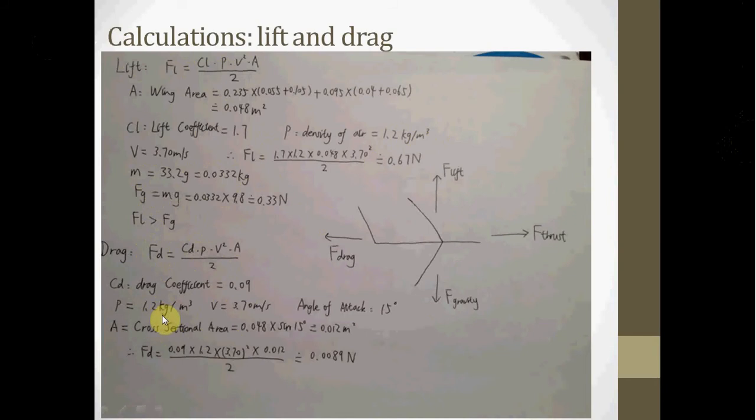Since the angle of attack is 15 degrees, the cross-sectional area should be 0.049 times sine 15 degrees, which equals 0.012 meters squared. Therefore, we substitute in everything, and F drag is 0.0089 newtons.